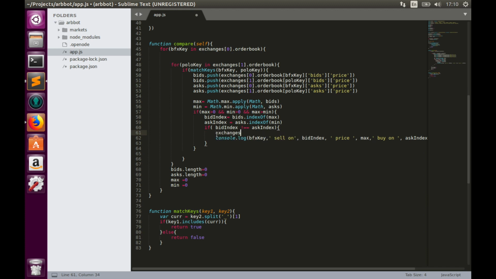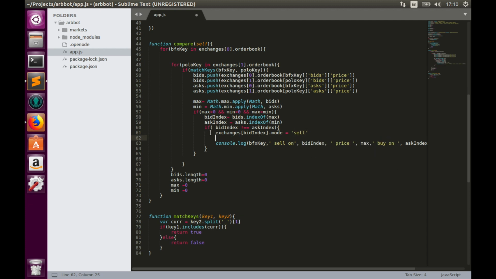So exchanges, now we need to provide index. If we are in sell mode, we should take bid index and ask index for buy mode. Index and mode, it's a new property, equals to sell.